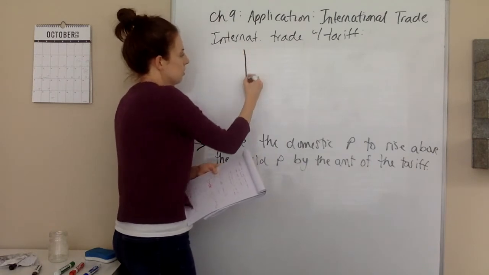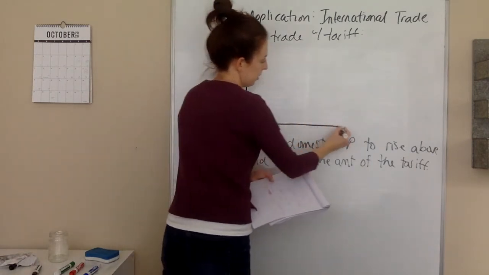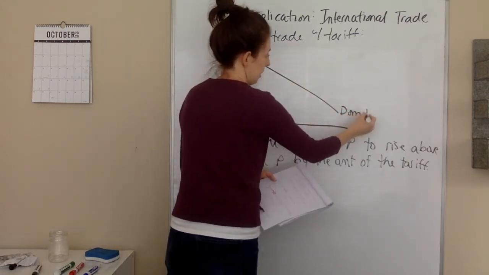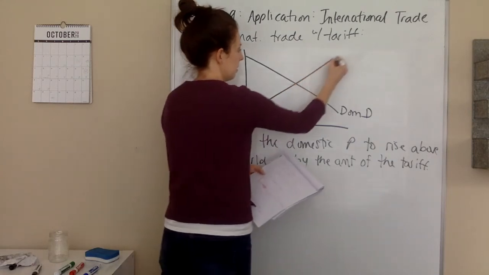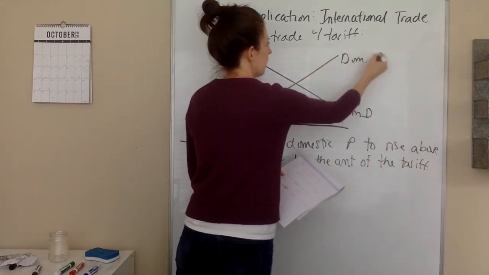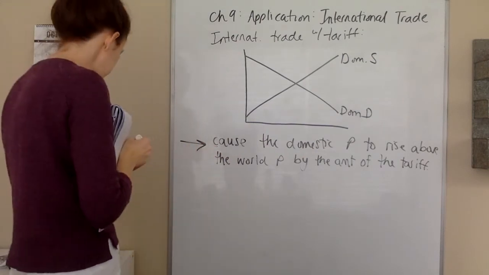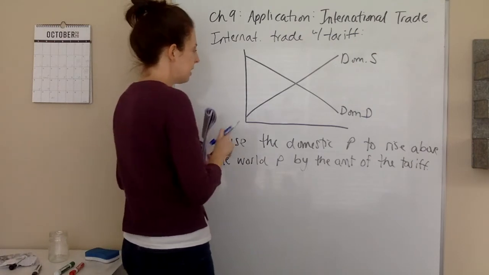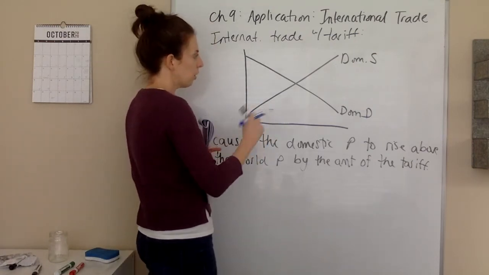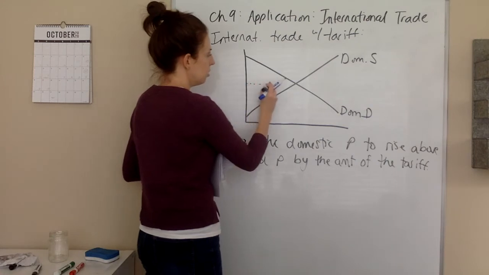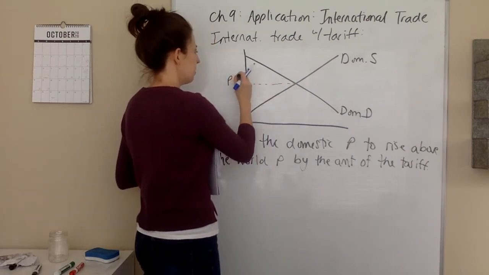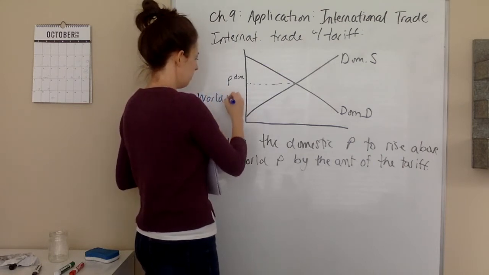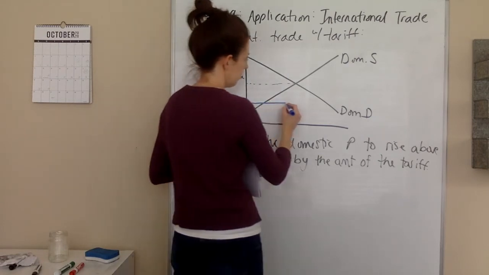The way this is going to work is we start out with the domestic demand and the domestic supply. If we're thinking about tariffs, that means the home country has to be importing. If they're importing, that means the world price is below the equilibrium price in the domestic country. So if this is the price in the domestic country, then the world price has to be somewhere below it. Let's just say it's right here.